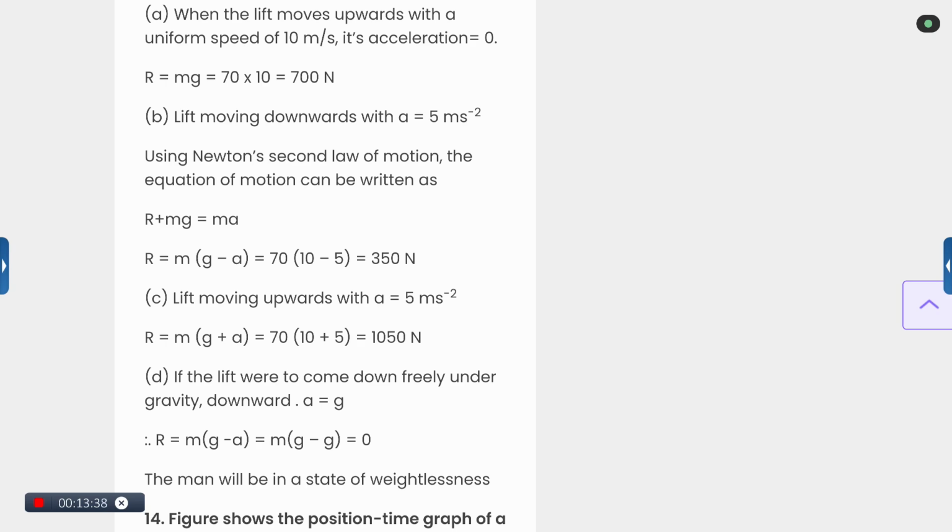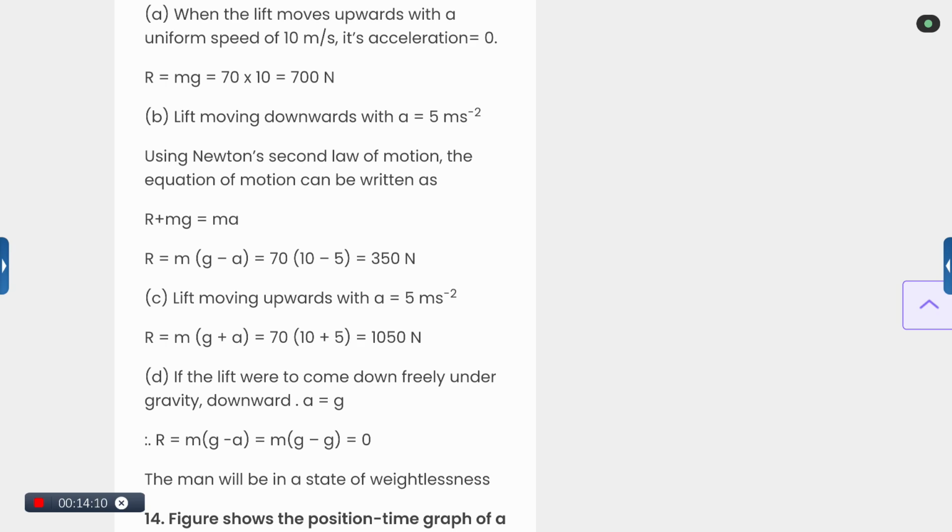So it is mg only. That is what the equation is. So write down part A: velocity is constant, A is 0, so apparent weight is mg. Actually, one more step you should write: apparent weight is m into g plus a, A is 0, so mg. Then only it is complete. Please add that point.